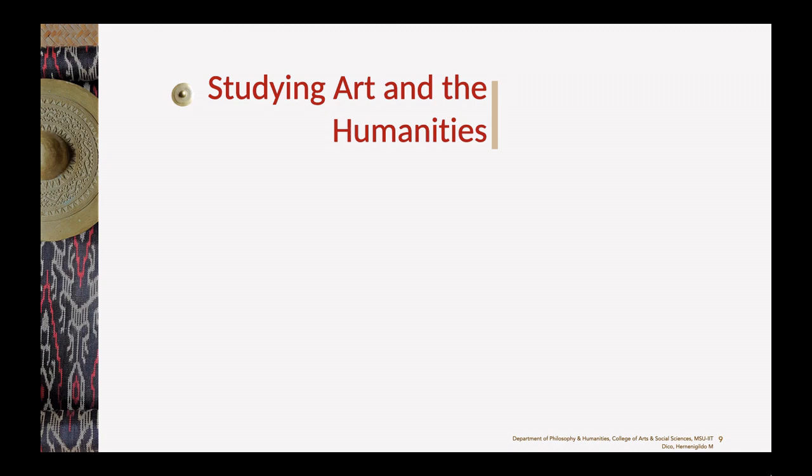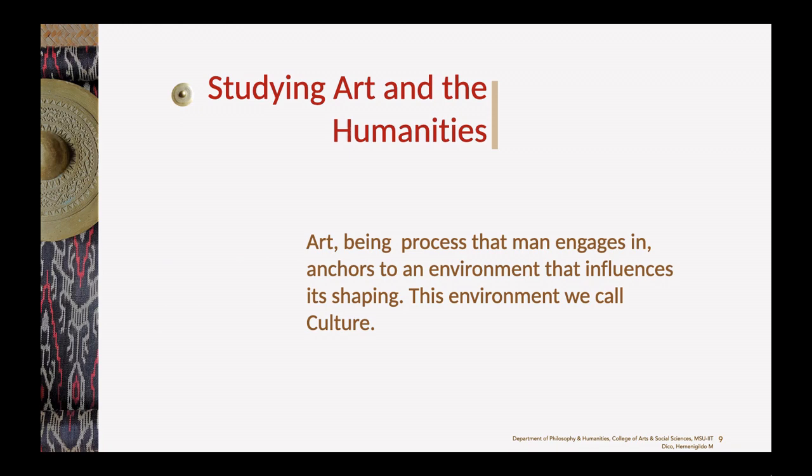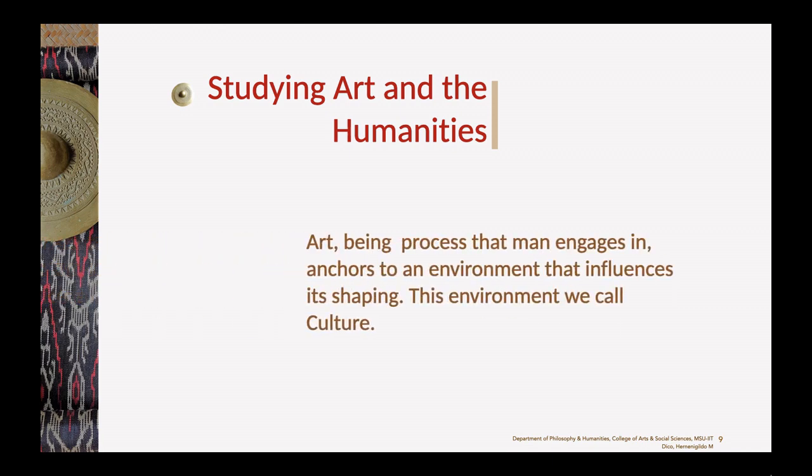In studying art and the humanities, art being the process that man engages in, it anchors to an environment that influences its shaping, and this environment we call culture. So this encompasses everything.